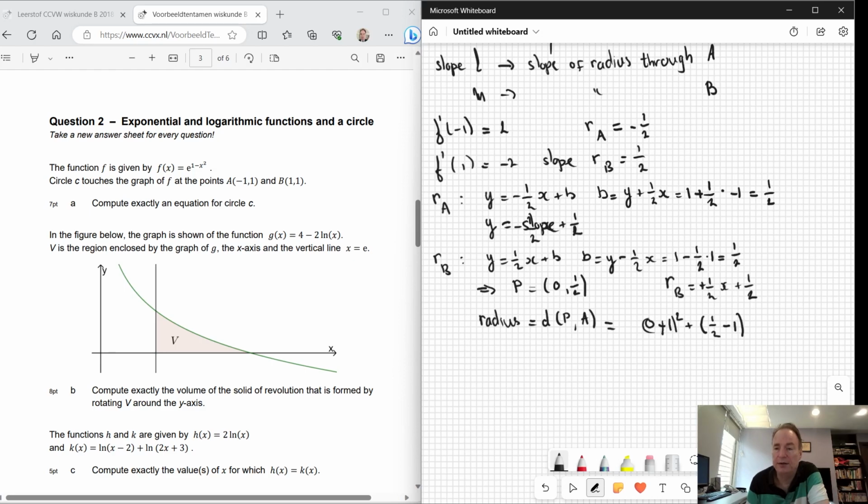So you get 0 plus 1 squared, and then the square root. So this is 1 squared plus a quarter, the square root of 5/4.